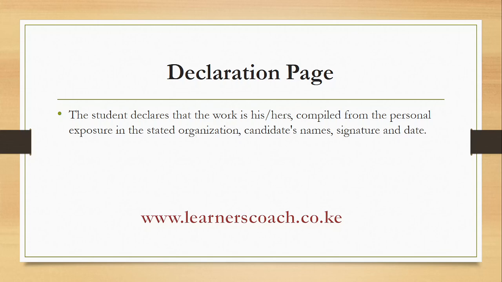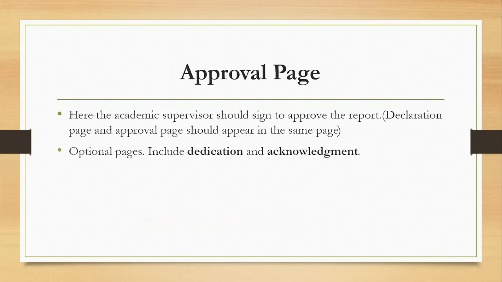So the declaration page is very, very important. Also, you need to have an approval page. Here the academic supervisor should sign to approve the report. Of course, both the declaration page and this approval page should appear on the same page, right? So you don't need to have separate pages.